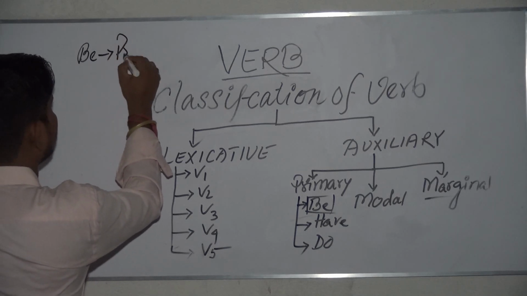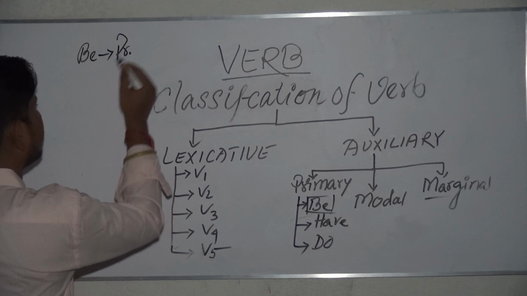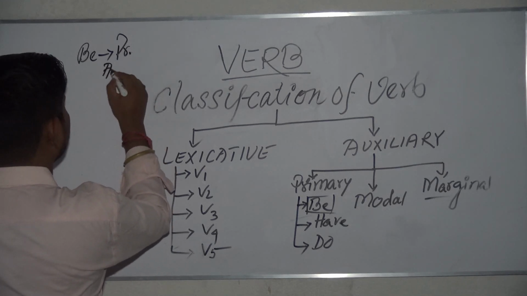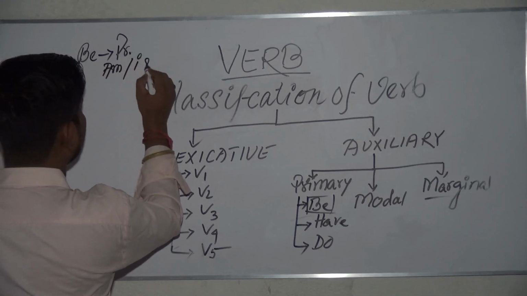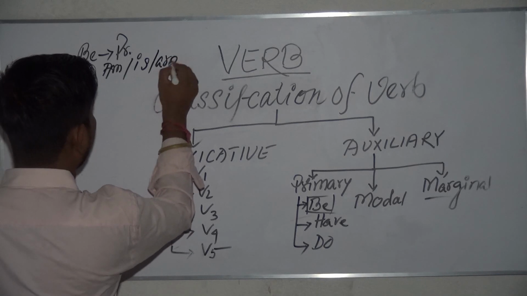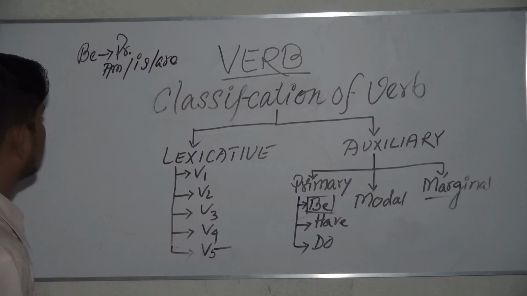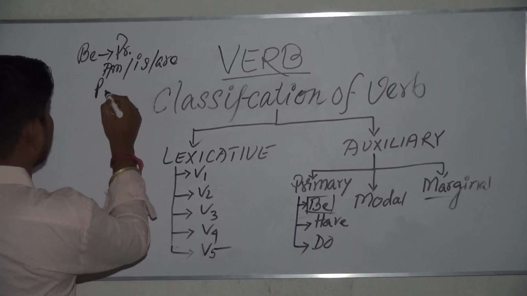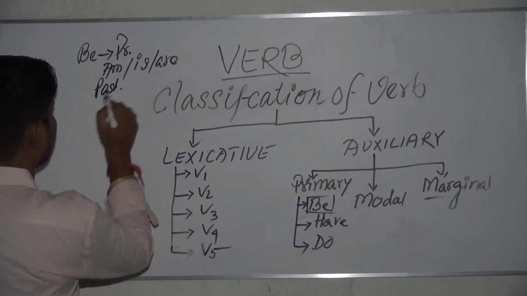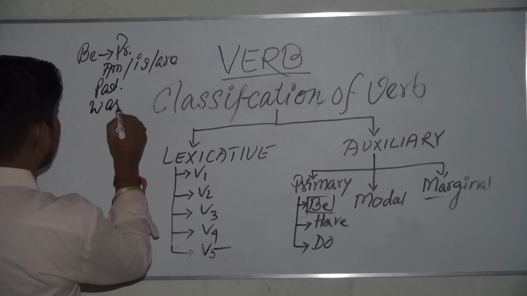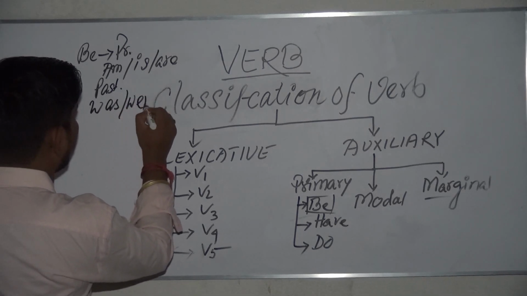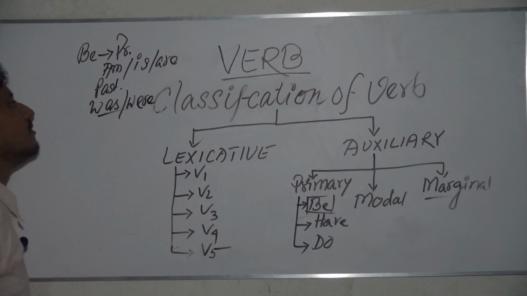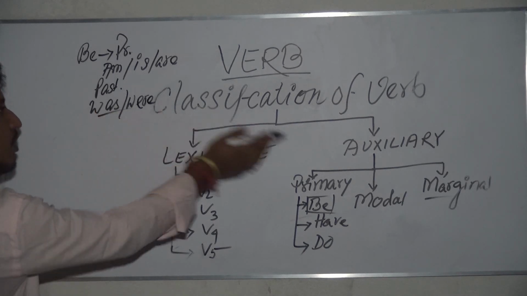In present tense, am, is, are. Those are the be verb. And in past, was and were. Those are the principal auxiliary verb.